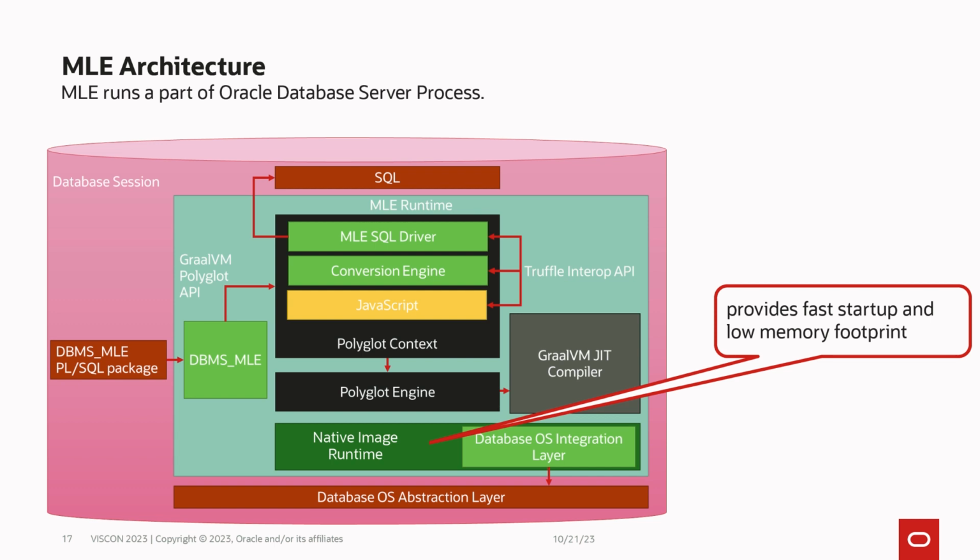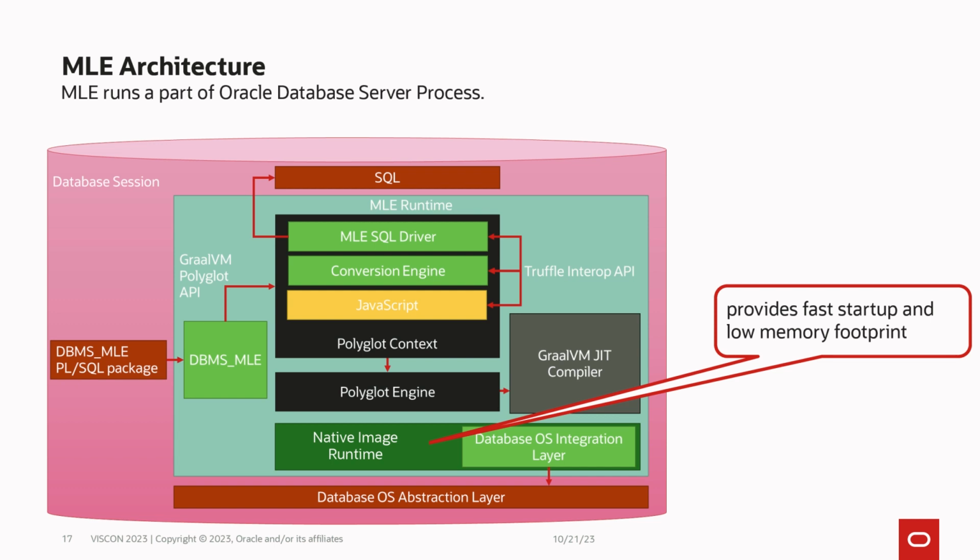I have two color coding schemes here. The red one is database code, so your database session. And the blue color is MLE runtime. By the way, MLE runtime is also part of the database session, but I want to make a distinction here because we are discussing MLE runtime in more detail. All of those arrows are function calls from one component to the other.